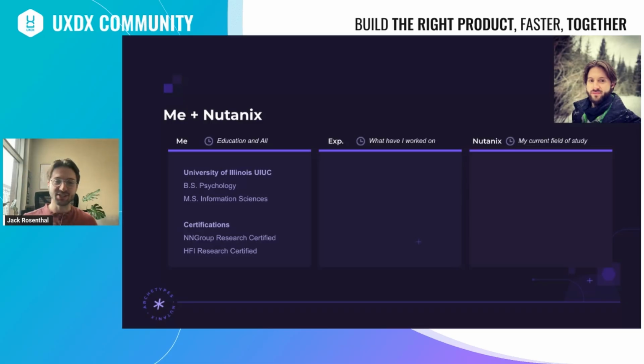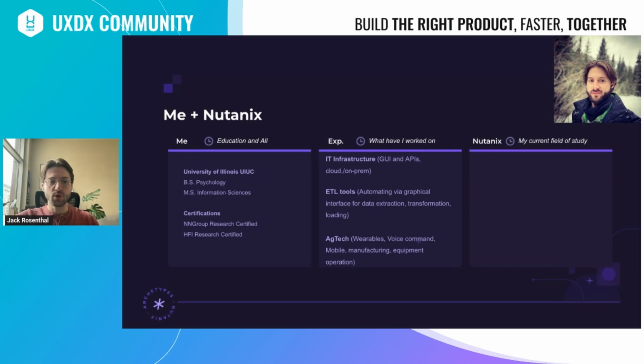I'll do a quick little introduction here. Here's a little bit of my background. I did most of my work over at the University of Illinois, back in the day, and got a few certifications in research. I've worked currently in IT infrastructure. That's where my research is going. Prior to that, I did stuff with ETL tools, so extract, transform, loading tools using a graphical interface.